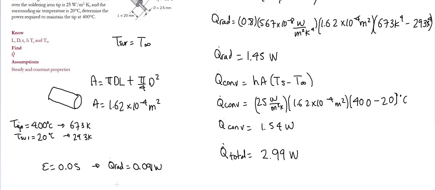Okay, and then that means that the total amount that you're going to dissipate is going to be equal to 1.63 watts. This is equivalent to a 45.5% reduction in the amount of total heat that needs to be dissipated at the tip.